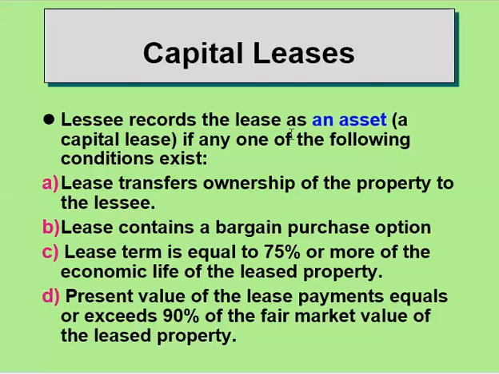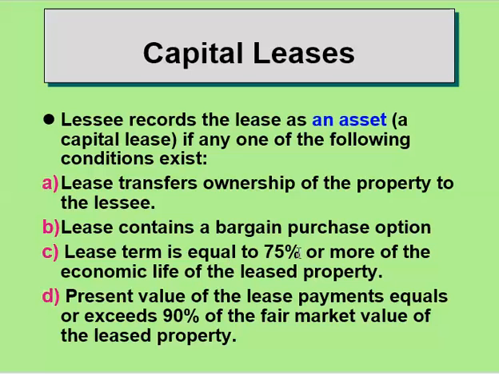So if any one of the following conditions exists, we have to record it as a capital lease. The lease transfers ownership of the property to the lessee. So at the end of the lease, the buyer is going to take ownership. The lease contains a bargain purchase option. So at the end of the lease, you can buy it for $5 or $100 or whatever it might be.